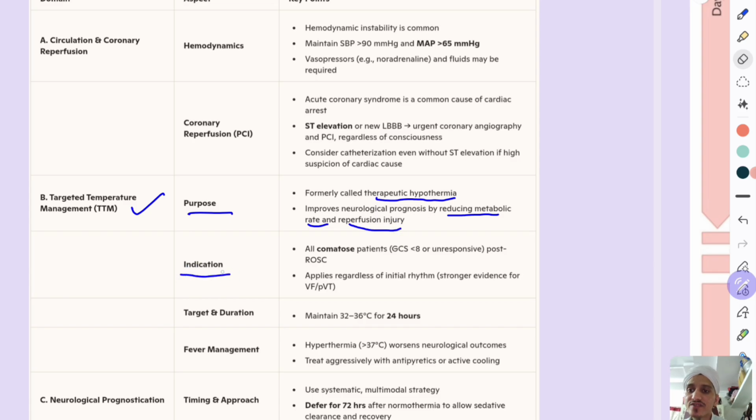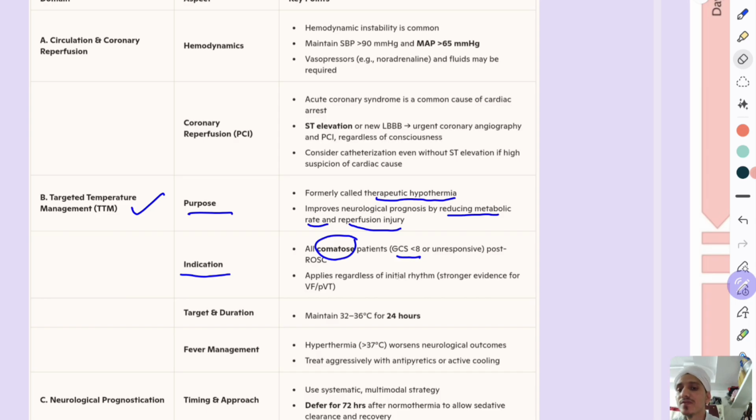What is the indication for this? All comatose patients whose GCS is less than 8 or who are unresponsive post ROSC, return of spontaneous circulation. So there is ROSC, but consciousness is still less than GCS 8. It applies regardless of initial rhythm, whether the patient had a shockable or non-shockable rhythm, that doesn't matter.